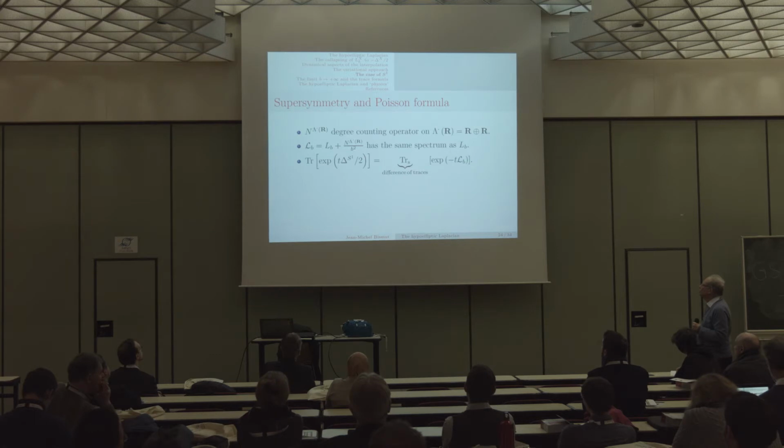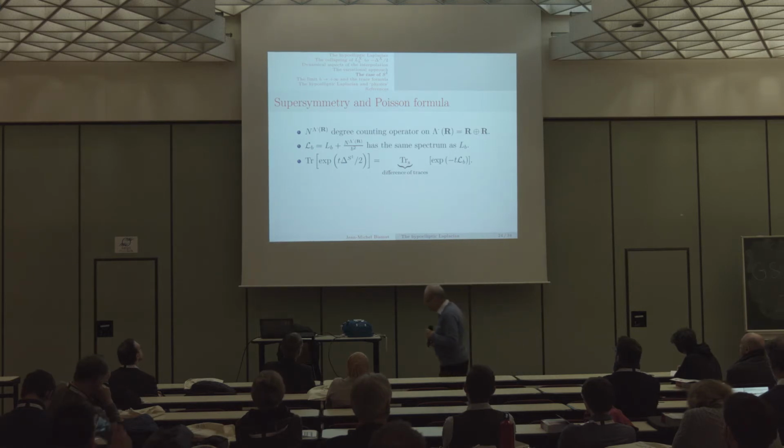That's just an easy consequence of what I said before, that the trace of the original heat kernel on S1, the original elliptic heat kernel, is given by the difference of traces on the piece corresponding to n equals 0 on the first copy minus the trace on the second copy. This is just an elementary consequence of what I said before on the spectrum.